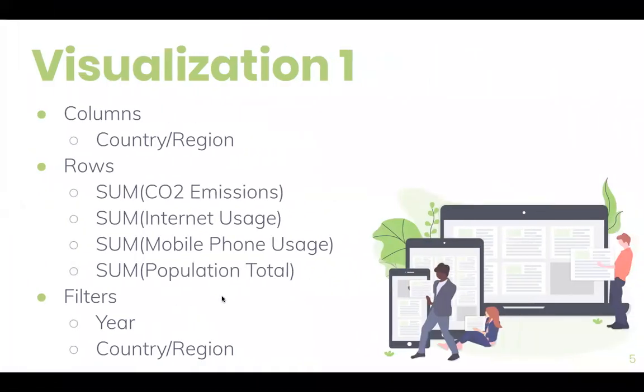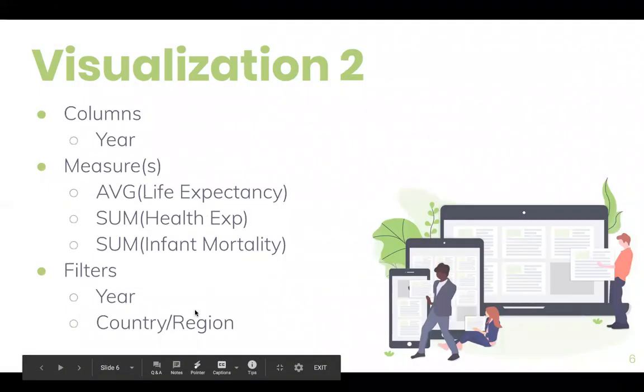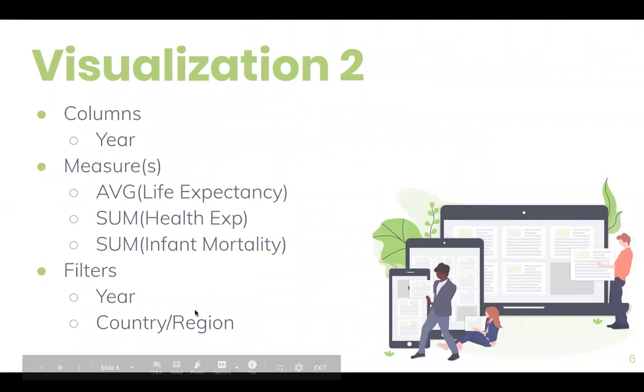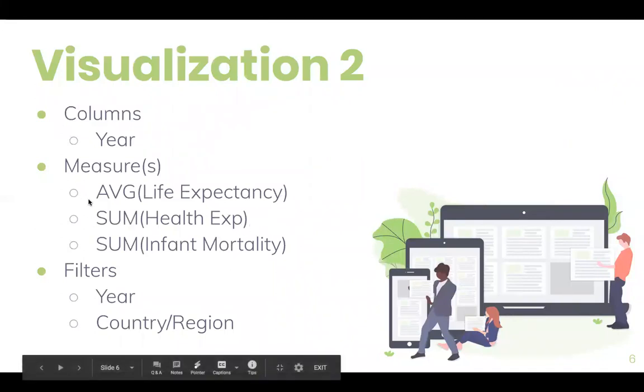Now let's go ahead and do the second visualization. So I'll go back to here. For the second visualization, I chose to focus on the year as my column value, and then I looked at average life expectancy, and then the sum of the health and infant mortality. And you'll see here that I used the average as opposed to the sum.